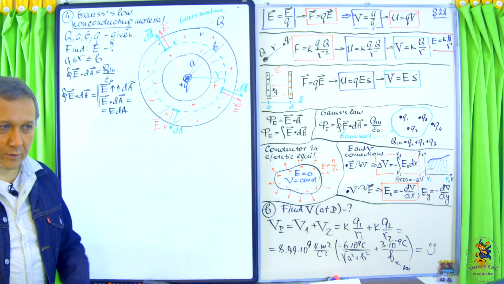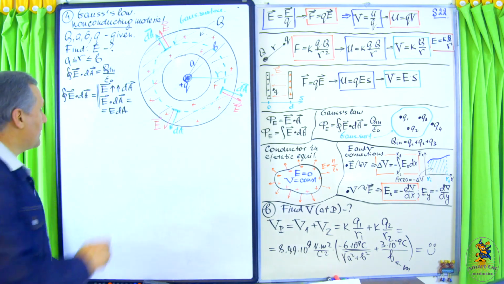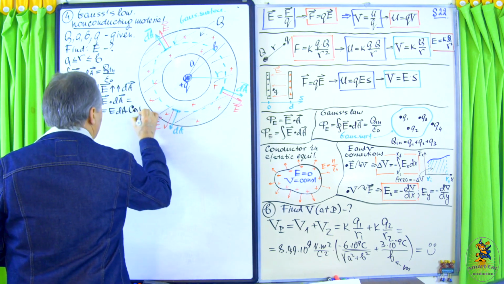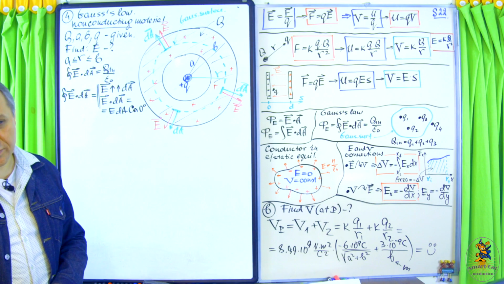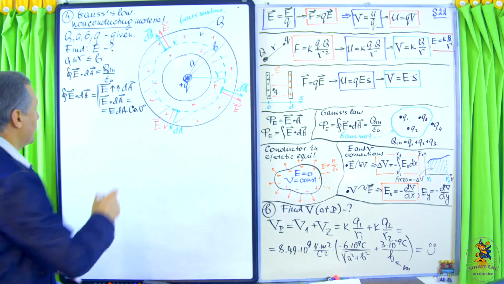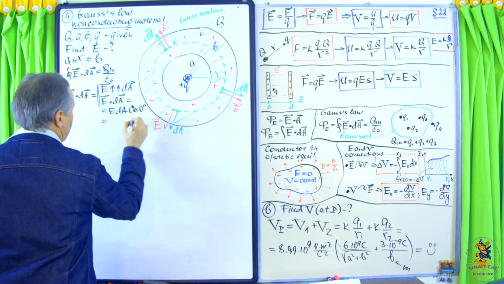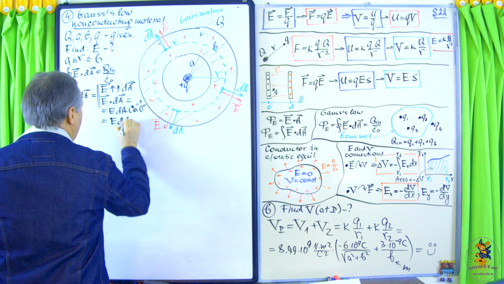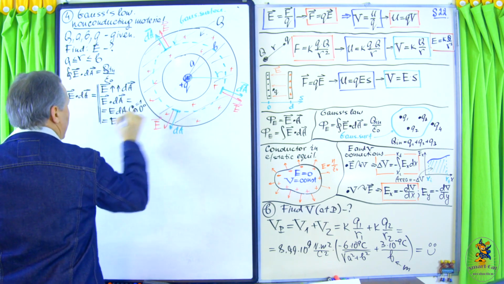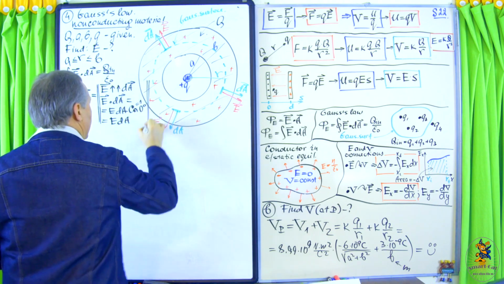Just applying the definition of a scalar product, dot product, times cosine of the angle between these two vectors. And since these two vectors are parallel to each other, it is 0 degrees. Since cosine is equal to 1, it will be E dA.